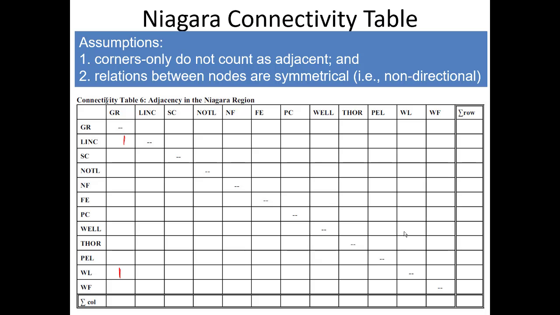So we basically can go down like this. And then all of the rest of these cells get 0 because there's no connection. Port Colborne and Grimsby do not share a boundary. Thorold and Grimsby don't share a boundary. Pelham and Grimsby don't share a boundary. WF is Wainfleet. It does not share a boundary either.